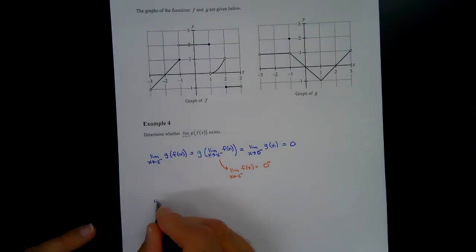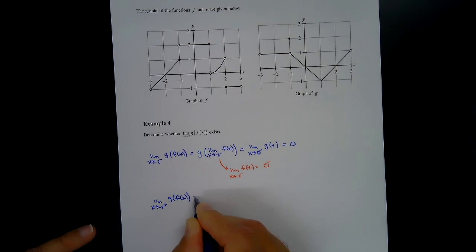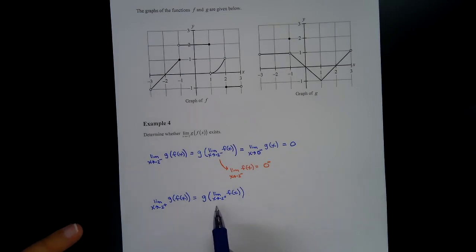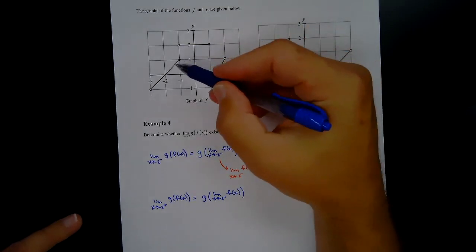Let's do the limit as x approaches -2 from the right of g of f of x. Okay, so that becomes g of the limit as x approaches -2 from the right of f of x. So what happens to f when we approach -2 from the right?